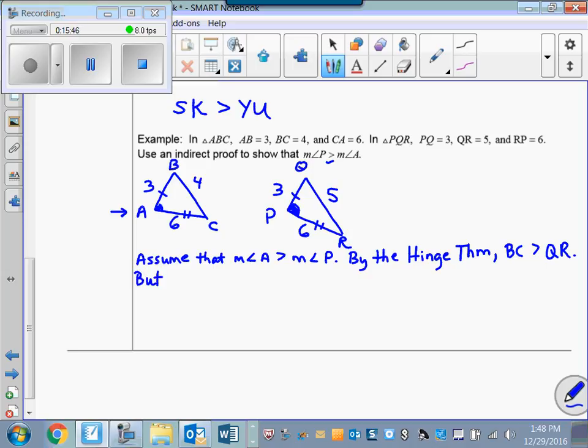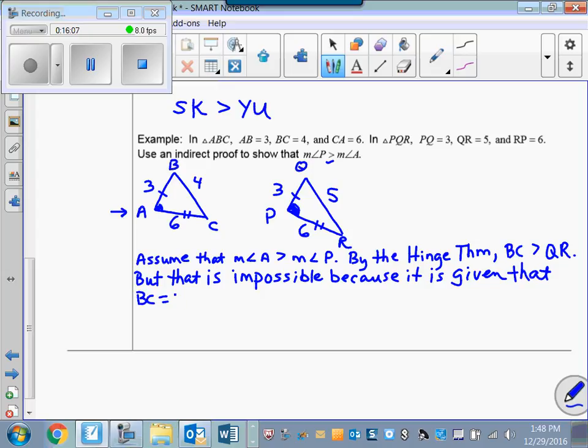But that is impossible because it is given that BC equals 4 and QR equals 5.